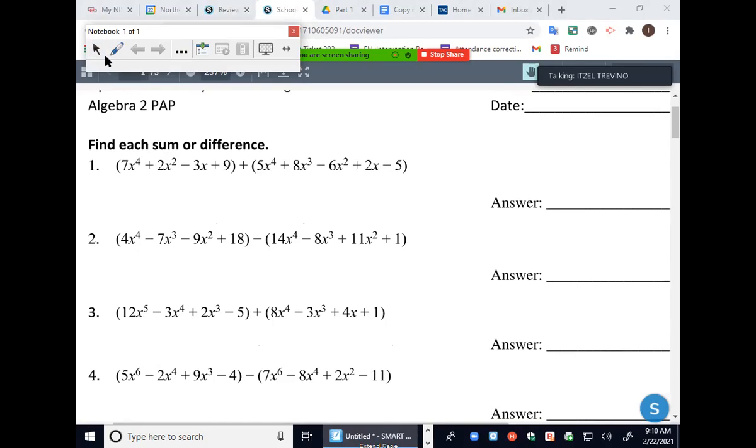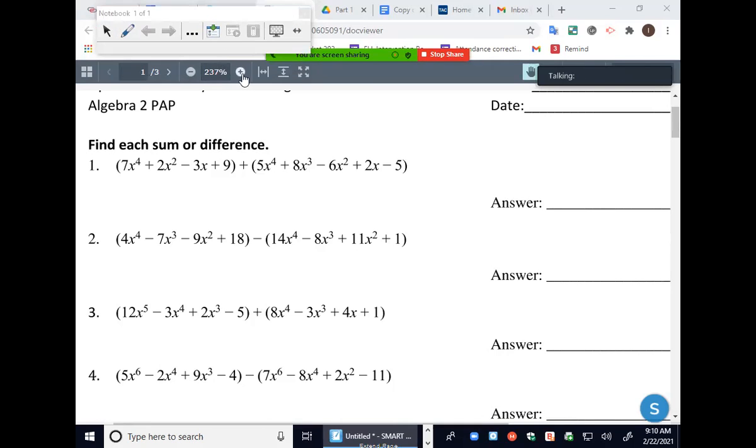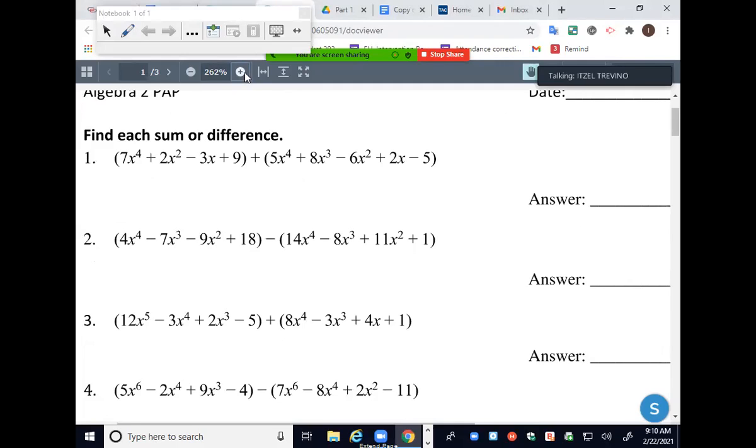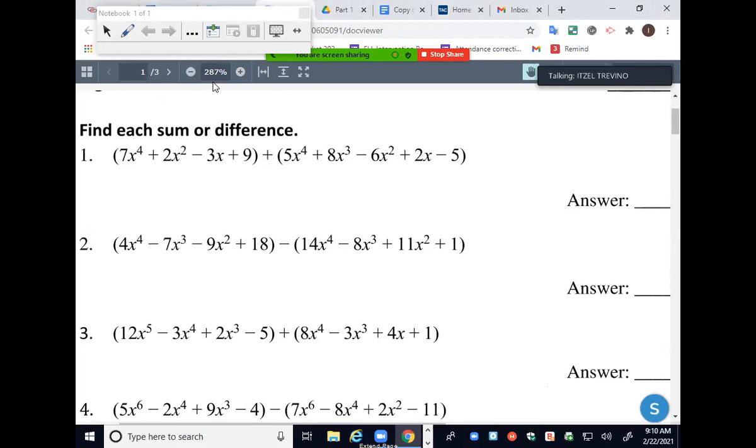So number one, I have 7x to the fourth power plus 2x squared minus 3x plus 9 plus 5x to the fourth power plus 8x cubed minus 6x squared plus 2x minus 5.